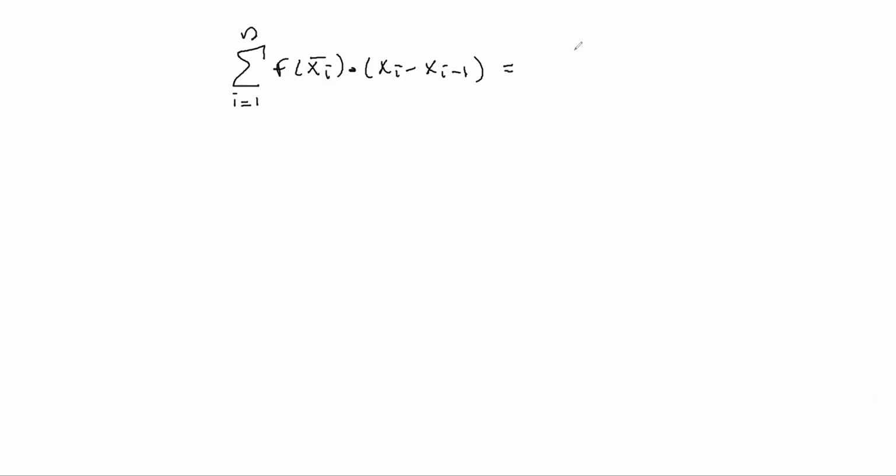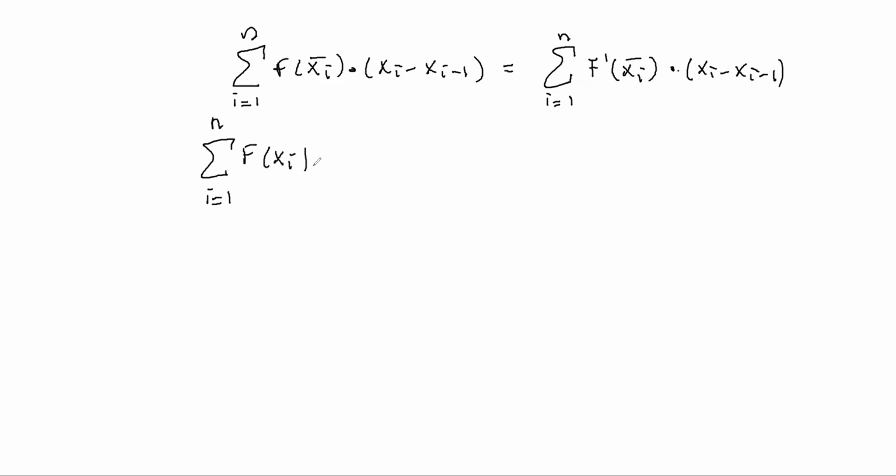And we know that's equivalent to F prime of xi bar times this difference here from 1 to n. And then from there, by the mean value theorem, we know that's equal to capital F of xi minus F of xi minus 1.